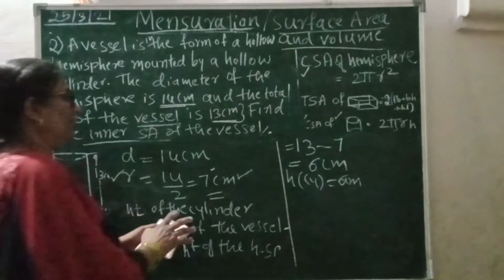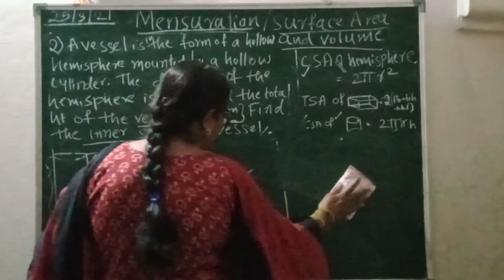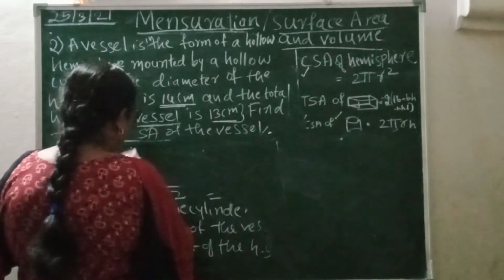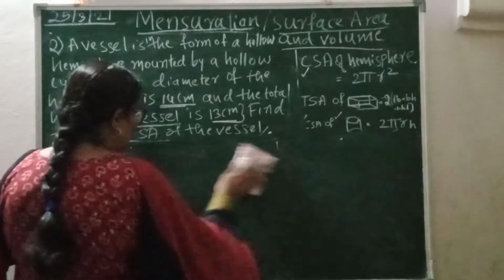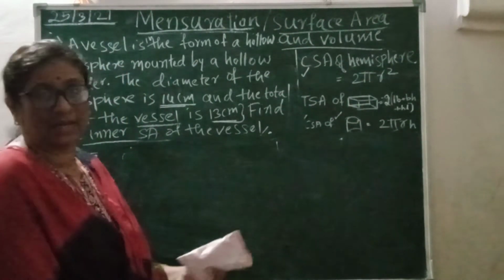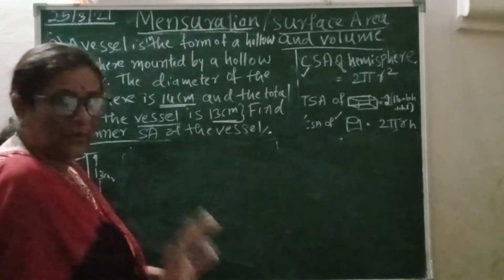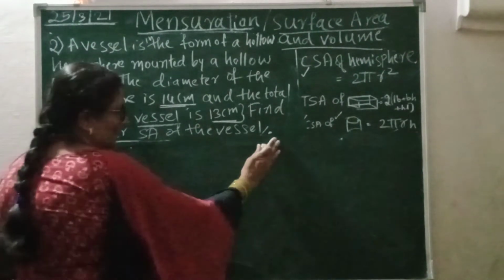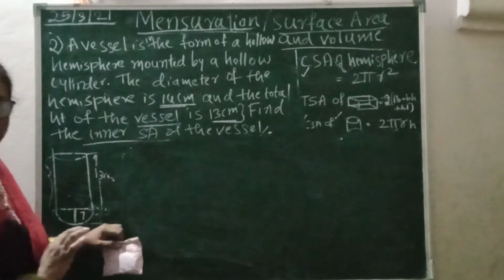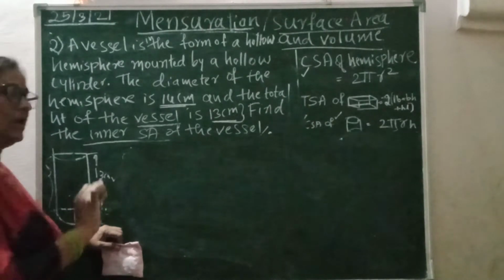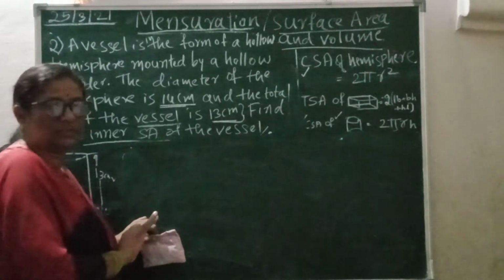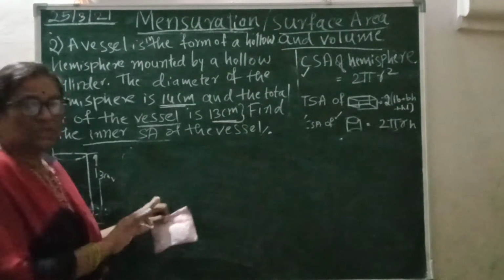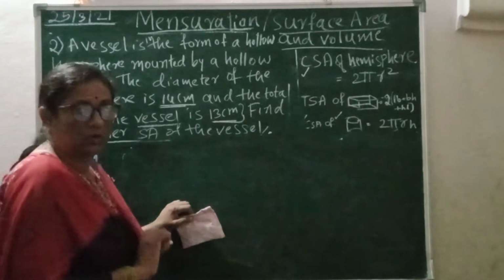Very easy. I'm going very slowly. Don't get confused. Once you understand the question, solution is secondary. Understanding the problem is primary according to me. Then logic is also important when you are given combinations of solid figures. Most of the problems in 10th standard mensuration are combinations of solid figures only.